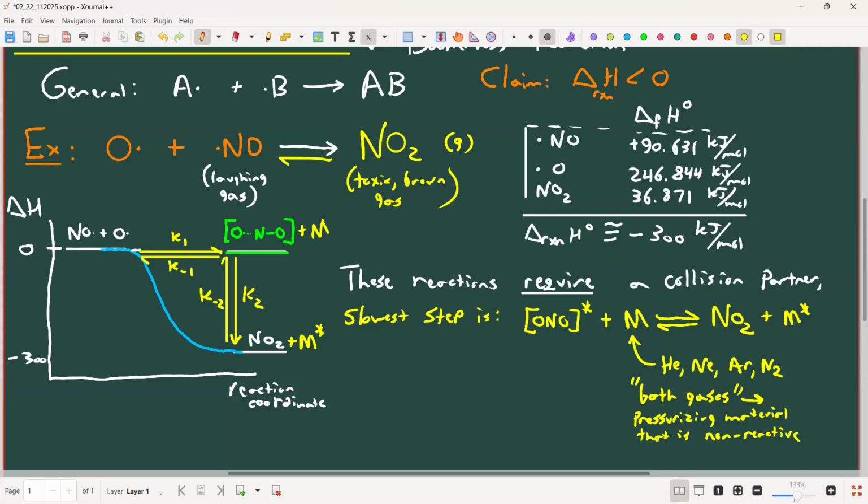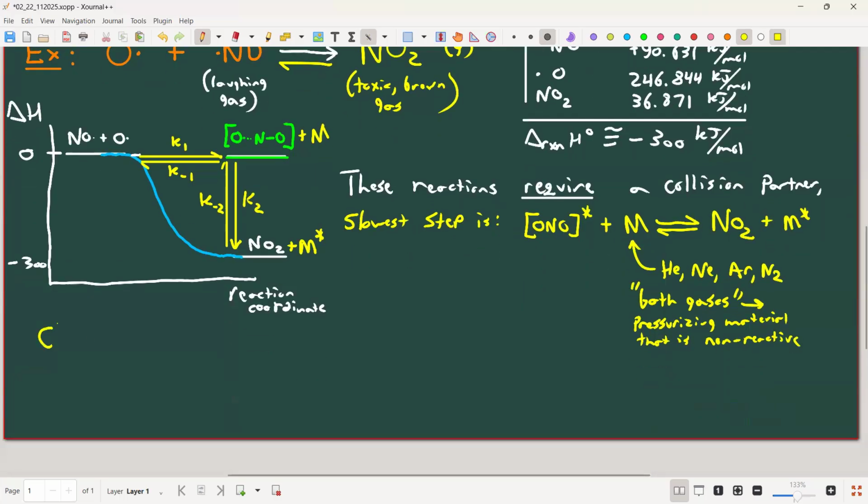We know the conclusion about what happens here. This is no different than Lindemann-Hinshelwood, except that in Lindemann-Hinshelwood the collisional excitation happened on the reactant side, and here it's happening on the product side. So I don't have to do any math. I can just copy the results and use the same idea.